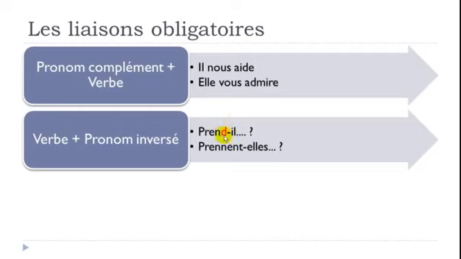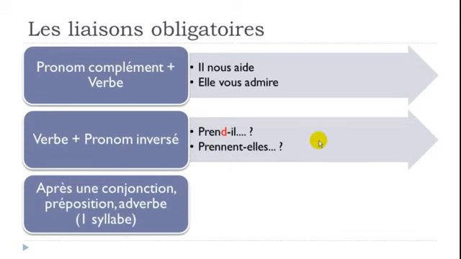And so this little d here is in red just to show you that you won't pronounce it like d to make the liaison, but you will pronounce it like t. And so you will get prend-il. But then here, prennent-elles, so you get your t and then prennent-elles. So prend-il, remember, d pronounced like t, and here prennent-elles.